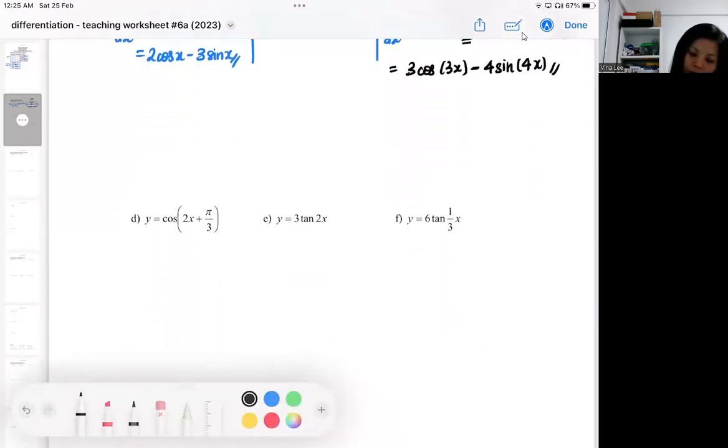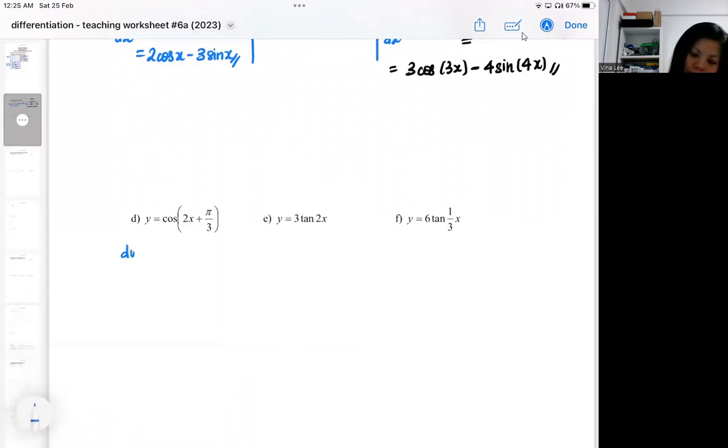The next one is the same thing. It looks a little bit complex, but it's actually just a linear function for the angle. So you differentiate the function first. When I differentiate the function, differentiating cosine gives me a minus sine.